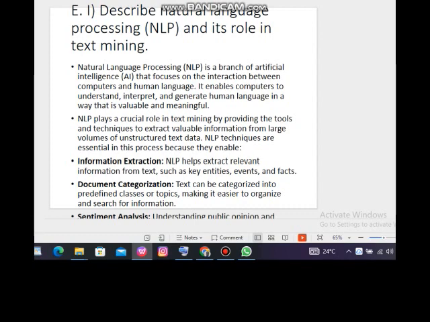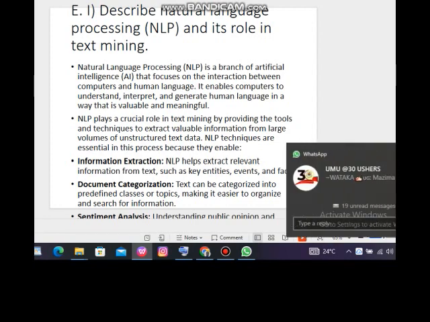Natural language processing is a branch of artificial intelligence that focuses on interaction between computers and human language. It enables computers to understand, interpret, and generate human language in a way that is valuable and meaningful. NLP plays a crucial role in text mining by providing the tools and techniques to extract valuable information from large volumes of unstructured text data.